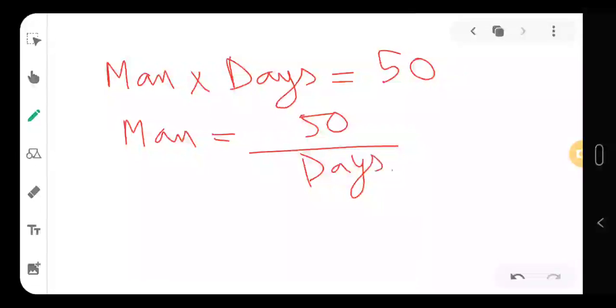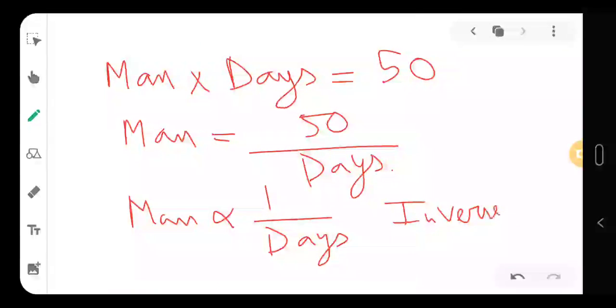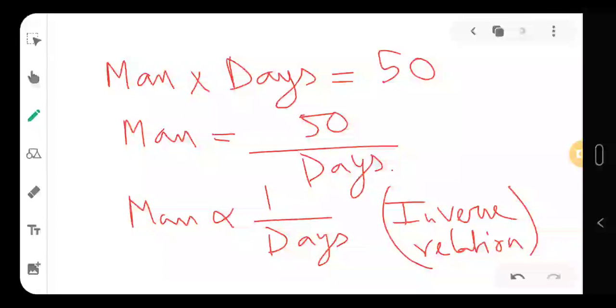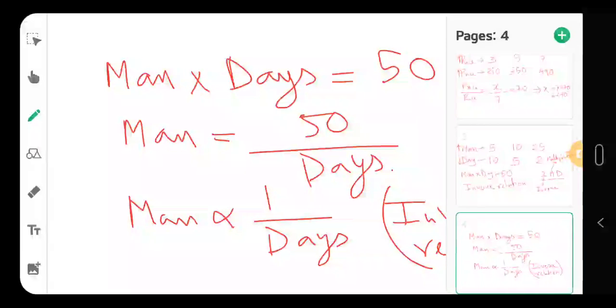When we have this kind of situation where we have a constant upside and the quantity is downside, or in the denominator, that means men is in a relationship like 1 by days. This is called inverse relationship. So in this chapter there are two kinds of relationship. One is direct, where the ratio is a constant, and one is the proportional inverse, where the multiplication is a constant. So what kind of math can come?